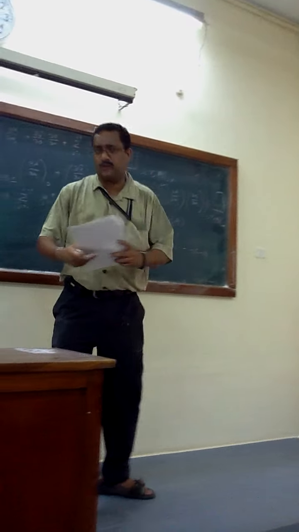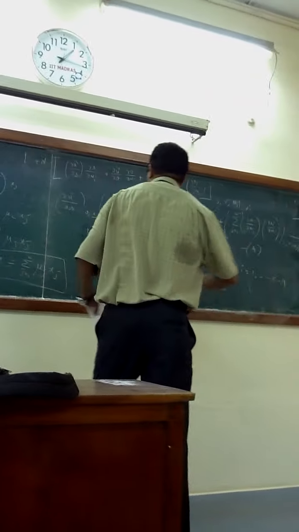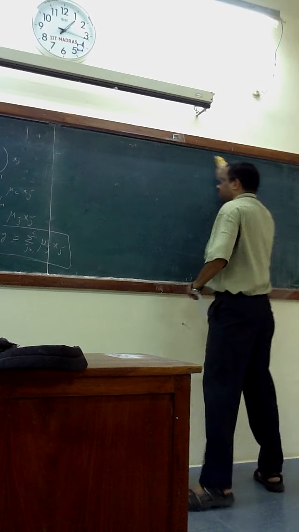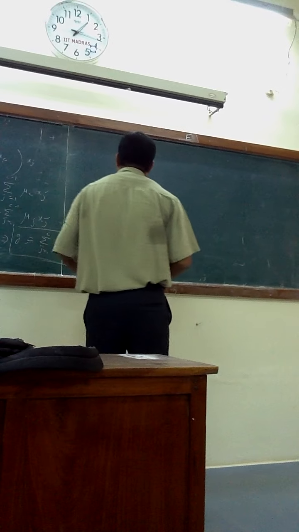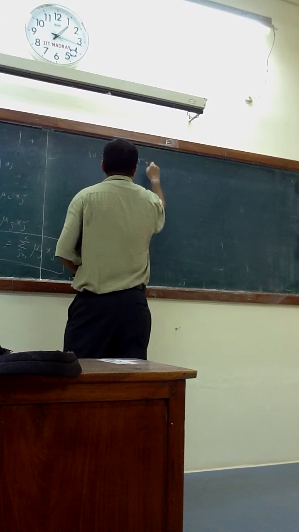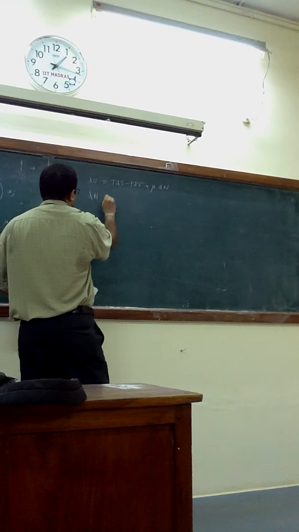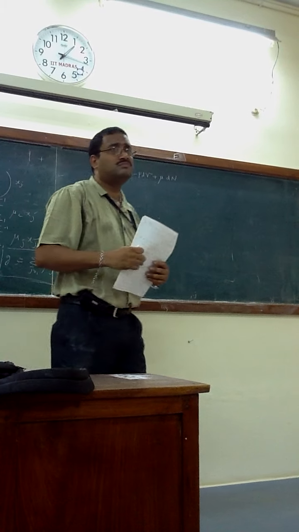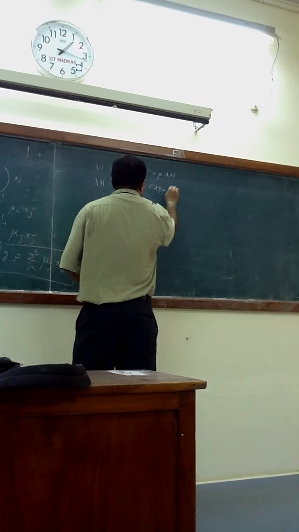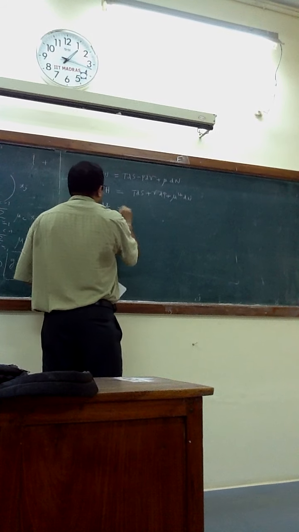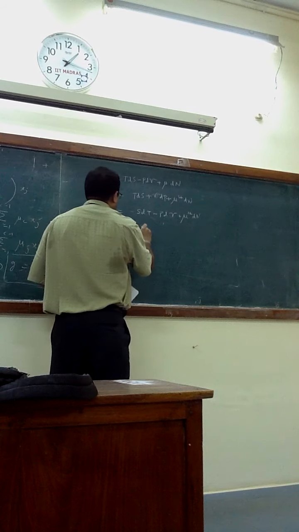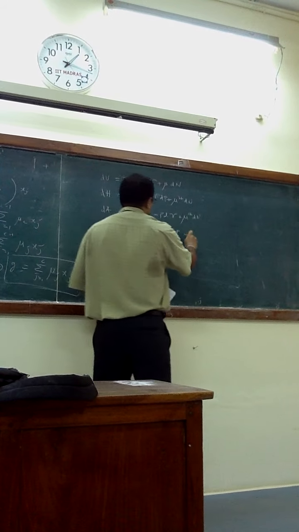Okay, so next we will go back to our other objective. We have also proved in a pure substance what we had: dU equals TdS minus PdV plus mu dn. dH equals TdS plus VdP plus mu_h dn. dA equals minus SdT minus PdV plus mu_a dn, and dG equals minus SdT plus VdP plus mu_g dn.